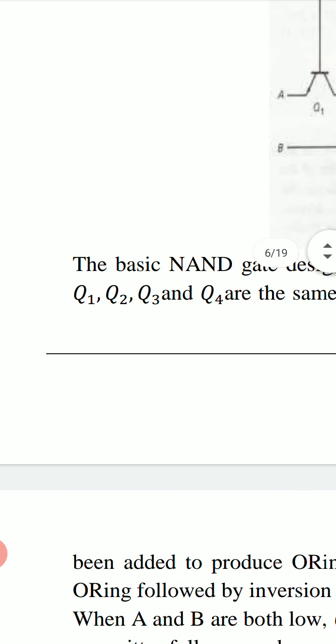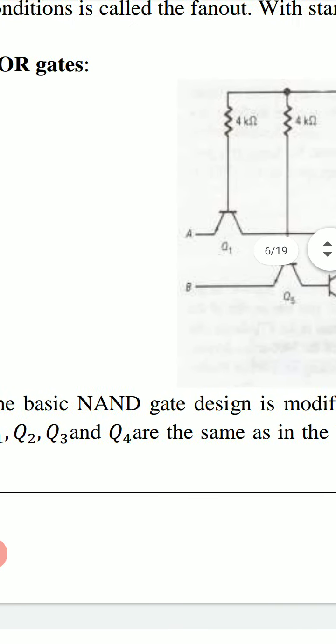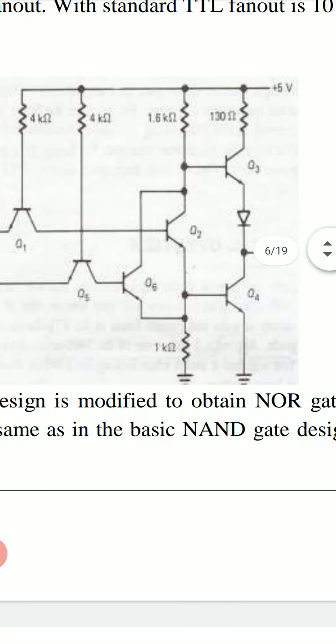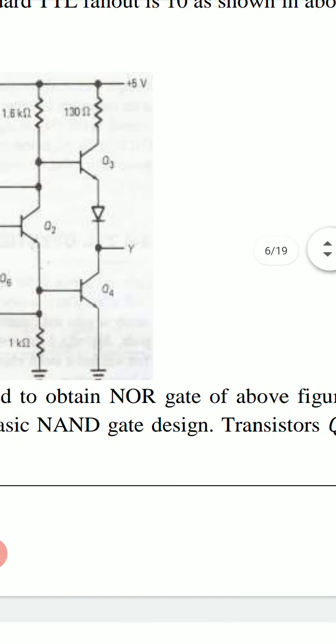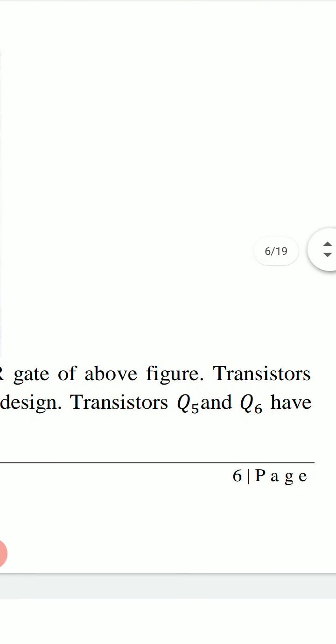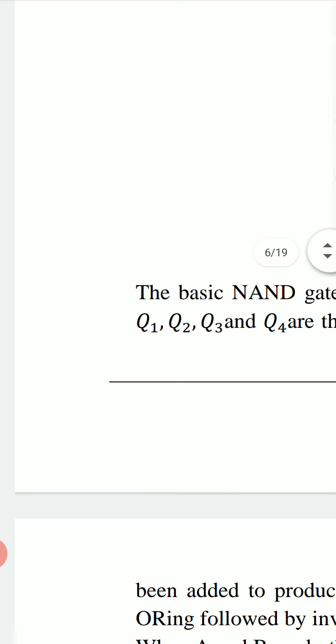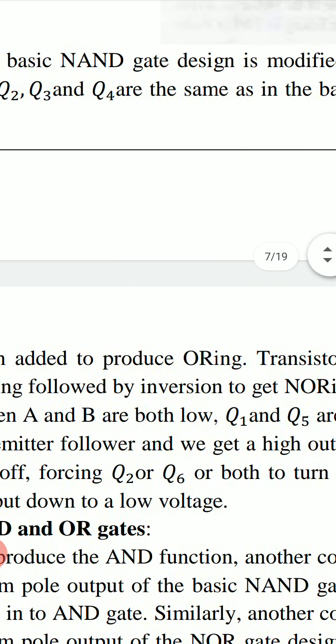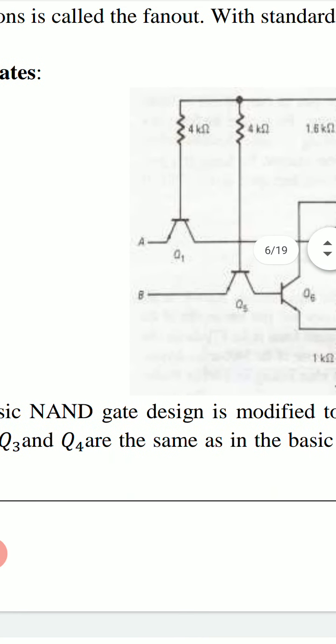Transistors Q1, Q2, Q3, Q4 are the same as in the basic NAND gate design. Transistors Q5 and Q6 have been added to produce OR-ing.